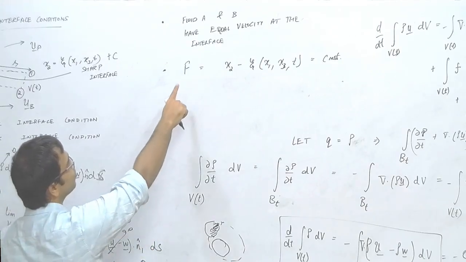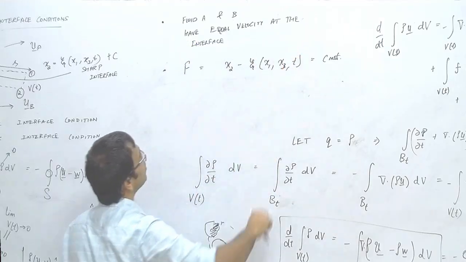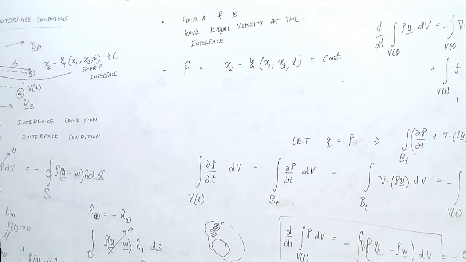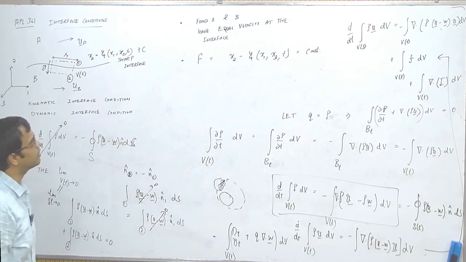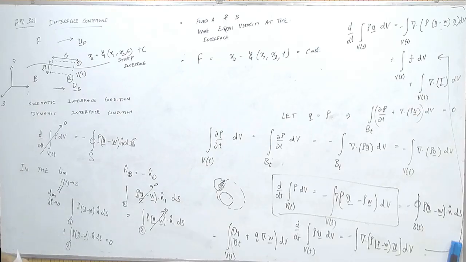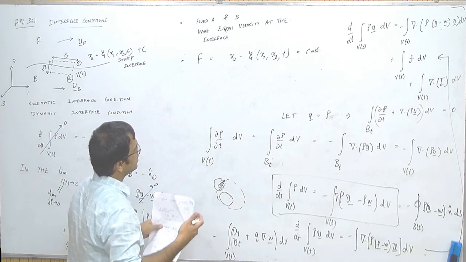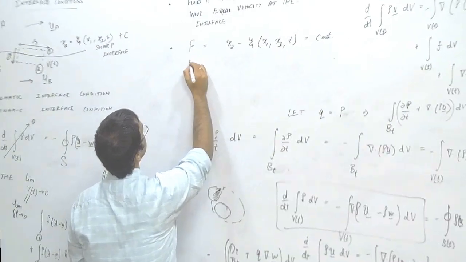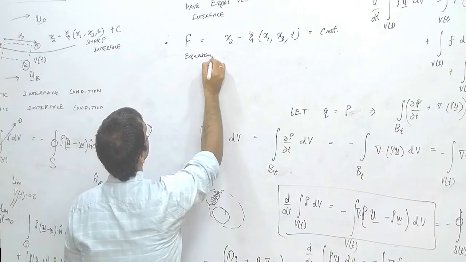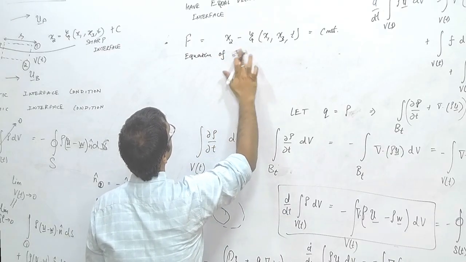Basically what we are trying to do is, okay, I have hypothesized that the velocities are equal at the interface. What are they equal to? What is this velocity? Can I derive it using the information of how this interface is changing in time? We will need this when we look at instabilities a lot. Okay, so although this discussion is coming maybe a month or a month and a half earlier than that discussion, it's still a part of your derivation, so I thought I'll just cover it now. So this is what your f is. This is the equation of surface, or rather interface.